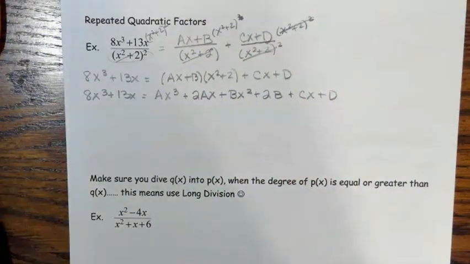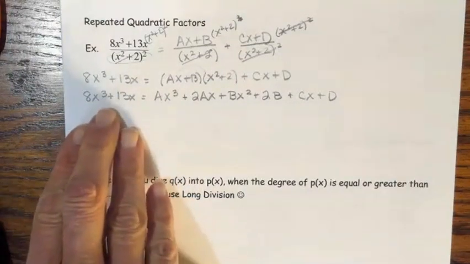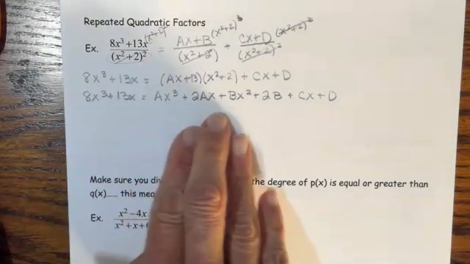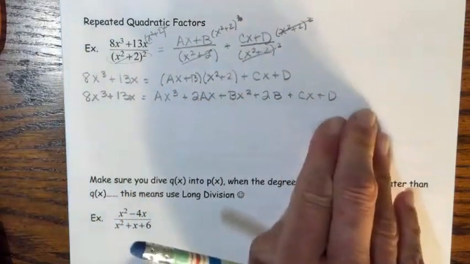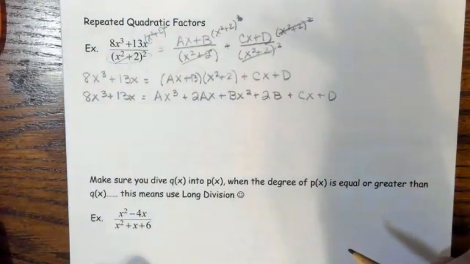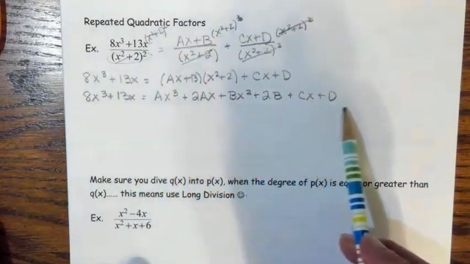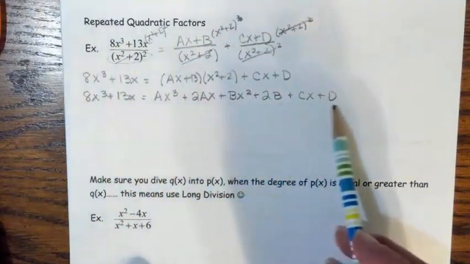All right, so what I'm going to do now, this is kind of a cool thing, because I'm saying that this left side has to equal this whole right side. So let's look at common terms. So I've got an x to the third term. If I look over here, how many x to the third terms do I have?